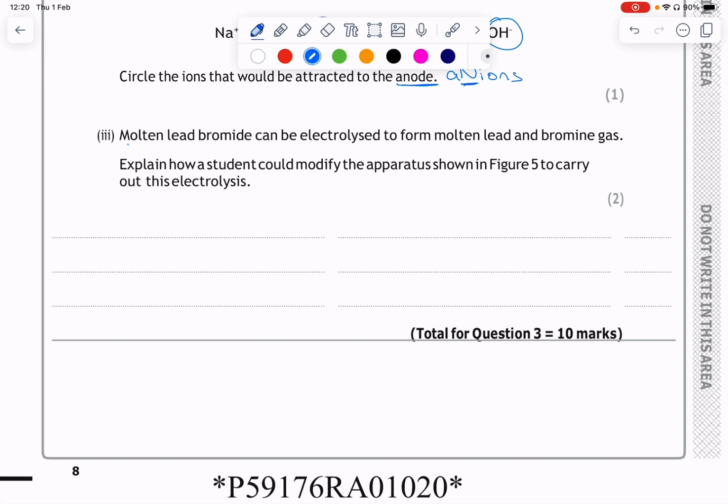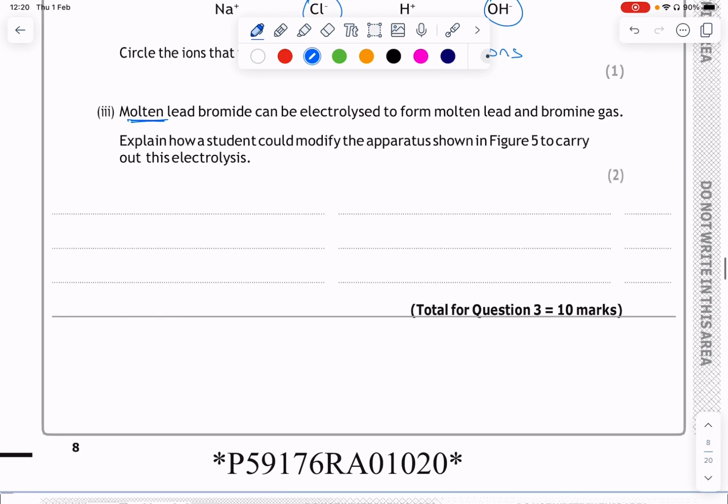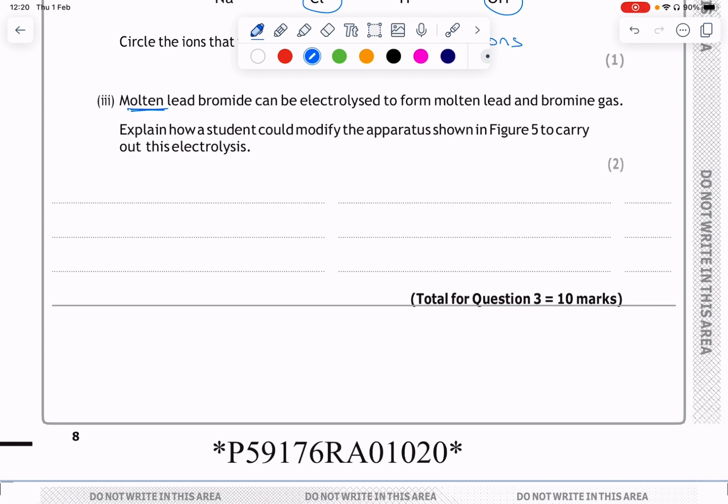So what we've got to do here is get our lead bromide in a molten state. So if I was going to do this, we would need to have a way to heat up the lead bromide, and the best way to do that would be in a crucible.